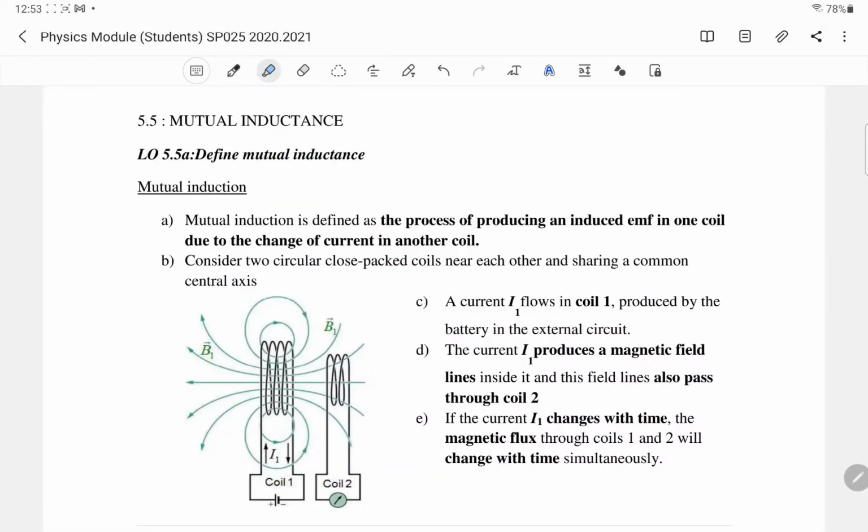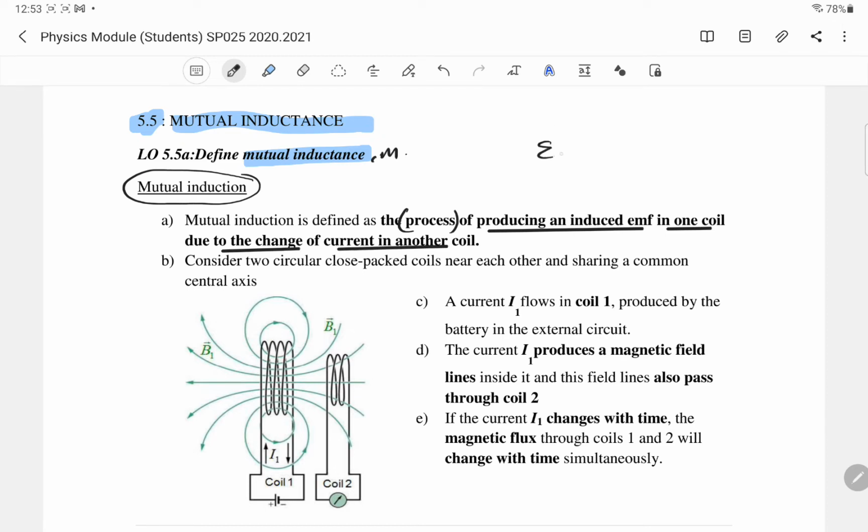We go to 5.5, which is mutual inductance. Okay, so first you have to know what is defined by mutual inductance, which is M. So before we go further, kita tengok dulu what is mutual induction. Mutual induction actually is a process of producing an induced EMF in one coil due to the change of current in another coil.